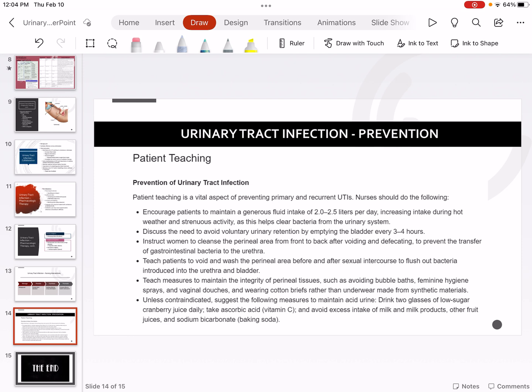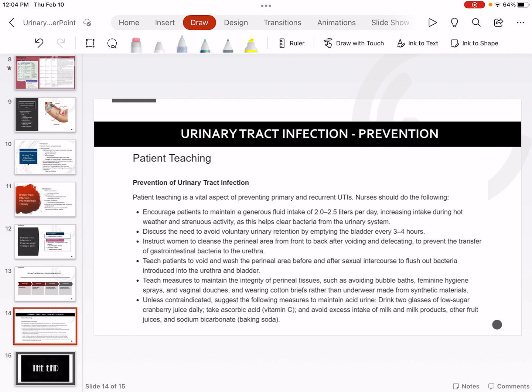Okay, so other medications that could be prescribed. Pyridium is a pretty common one. It's a urinary analgesic, so essentially that treats their urinary tract pain related to their UTI. Definitely diminishes their discomfort related to it. Here's an important thing to educate your client about related to this medication.